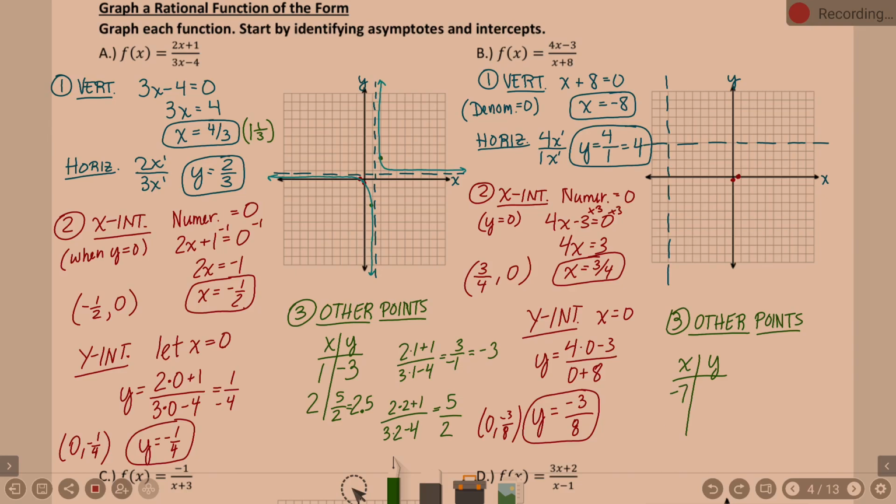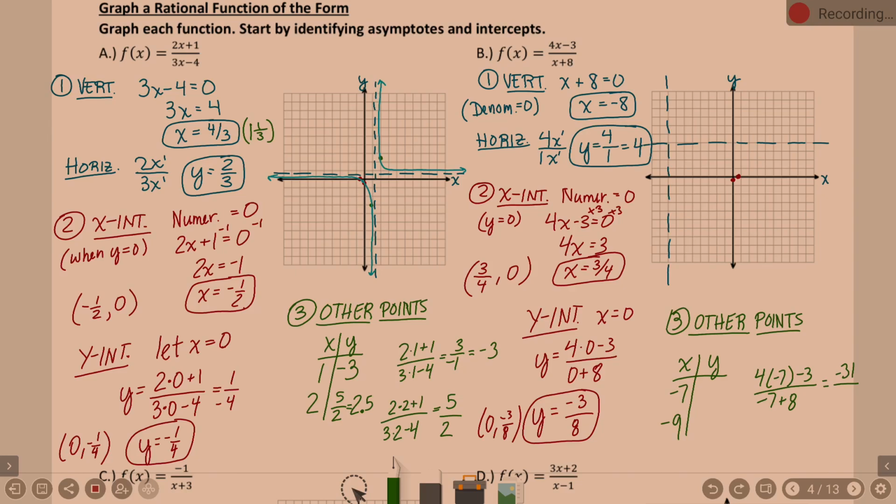Negative 7 and 6. Oh, 9. Other way, negative 9. Okay? Now, plug them into the original, yes? 4 times negative 7 minus 3 over negative 7 plus 8. 4 times negative 7 is negative 28, minus 3, negative 31.